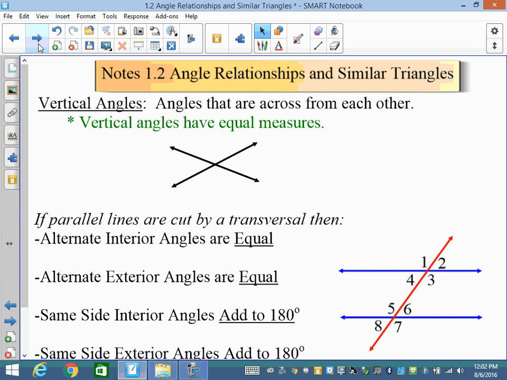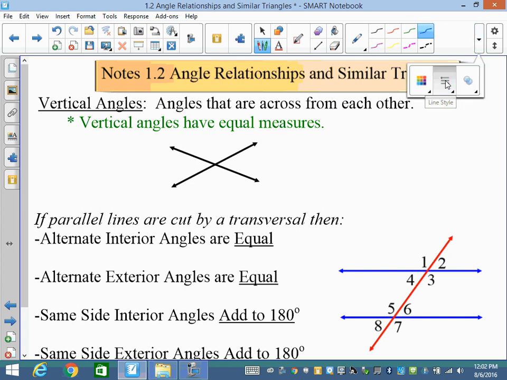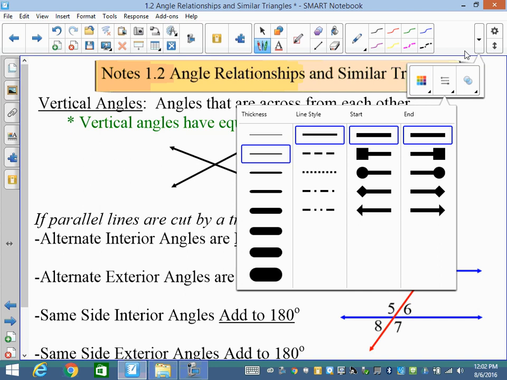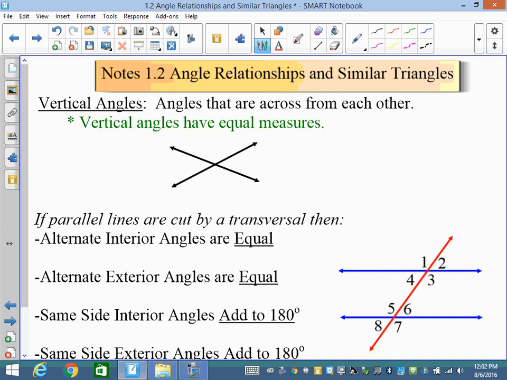So if we were looking at any particular angle, then what we would have, let's use blue today, this angle here would be congruent to this angle here, or this angle would be congruent to this angle. This is one of the things that we get to watch for.